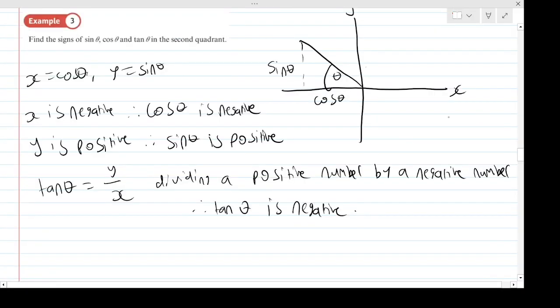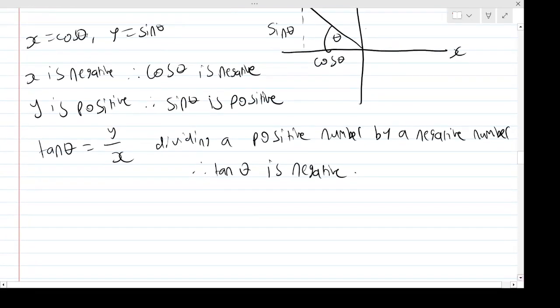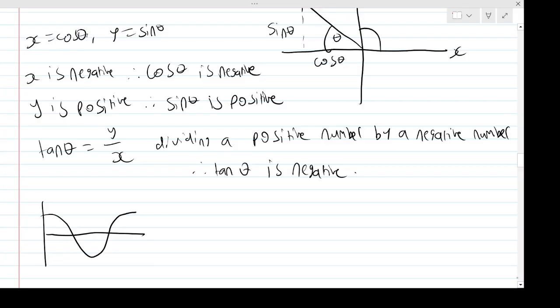And again, we can confirm all this if we consider their graphs. So firstly, the cos graph. Just a very quick sketch. If it's in the second quadrant, that means the angle has to be between 90 and 180, so this overall angle would be 90 and then some.